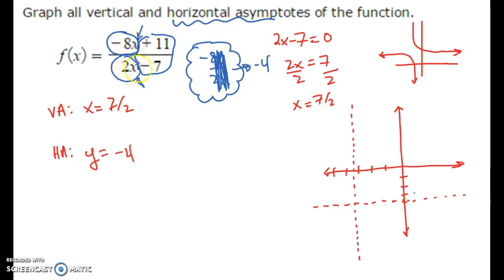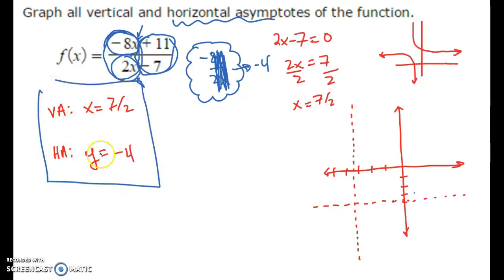That means that for really large x's, these don't really matter so much, and this is basically going to always be -4 because all the x's went away, and that's going to be another way to think about the horizontal asymptote in this case. In the cases where the denominator has a bigger power or the numerator has a bigger power, you have to think about it slightly differently because all the x's aren't going to cancel away. But this is why that rule exists.